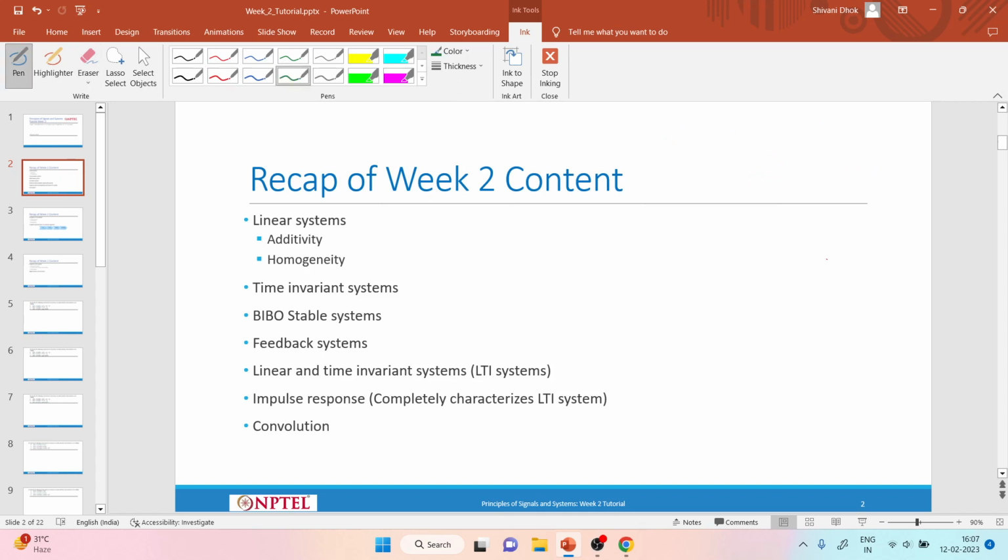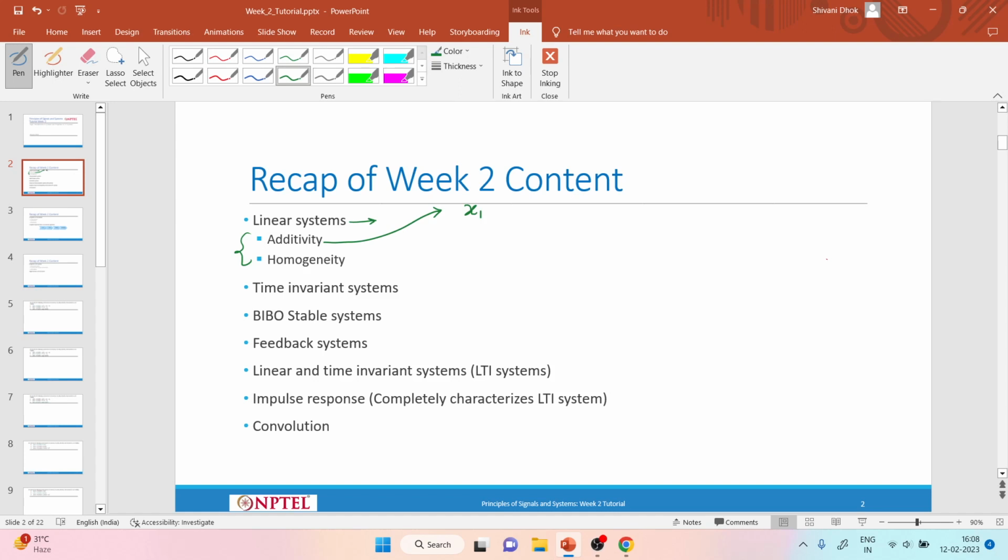In this week, the first classification that was covered was linear systems. For a system to be linear, it should satisfy two properties. A linear system should satisfy additivity. So what does this additivity mean?